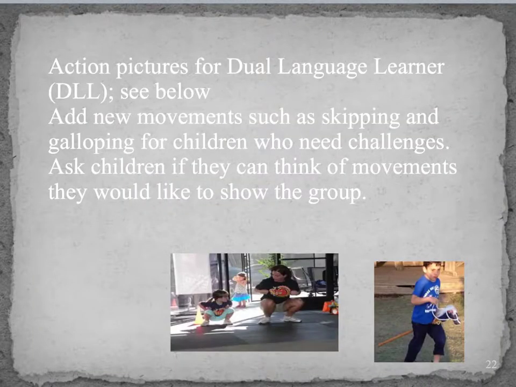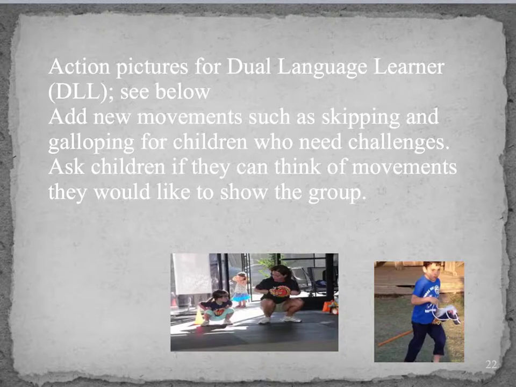For example, this is from the farm lesson where the children are imitating movements. The student would add action pictures for dual language learners, and you can see those pictures. You would want to include that if that's an accommodation you decide to make.